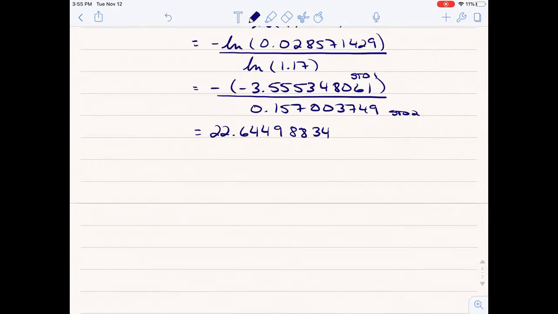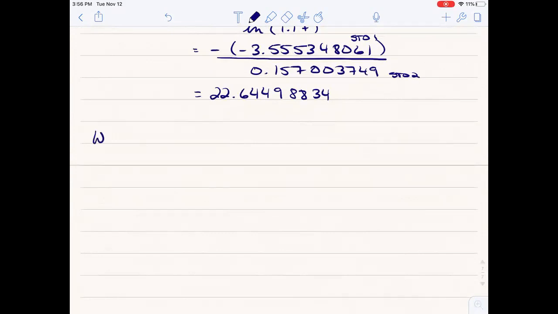Just like before, I can't make 0.64 of a payment. 22 payments isn't quite going to pay me up, and so I need to make 23 payments.